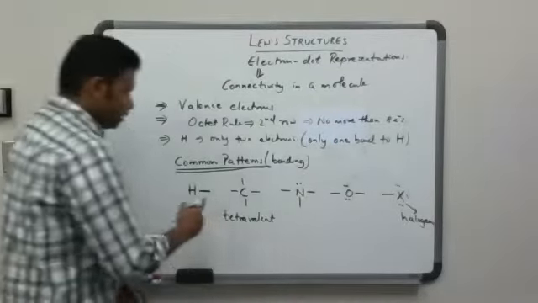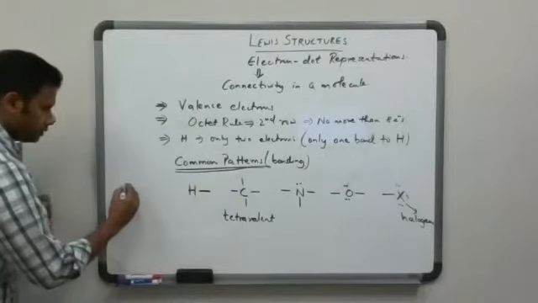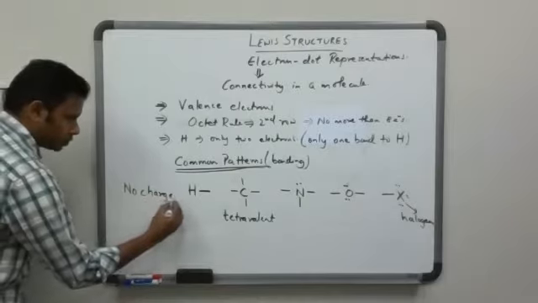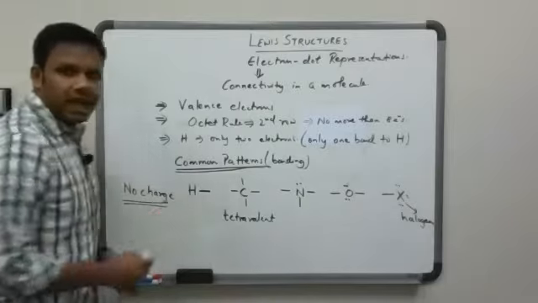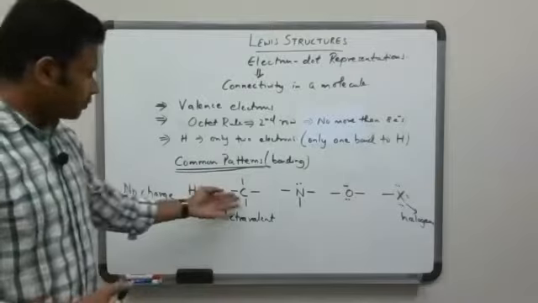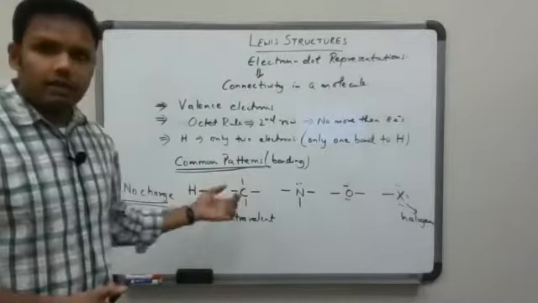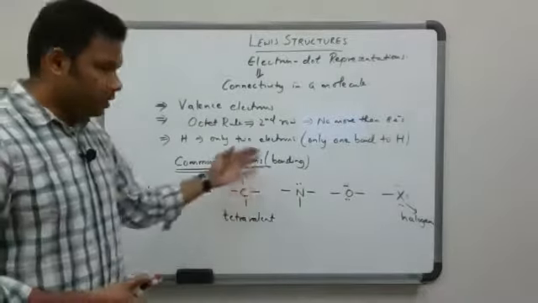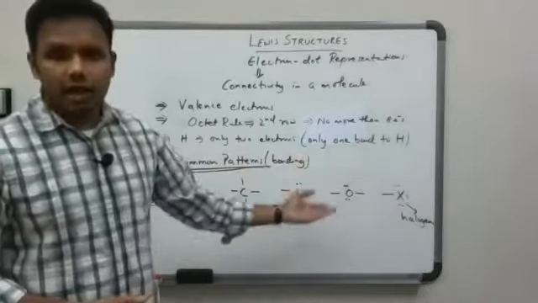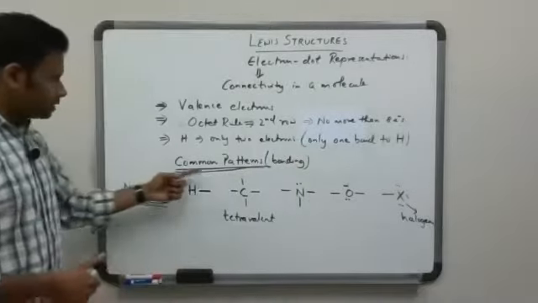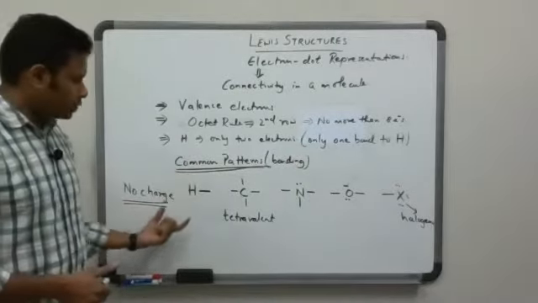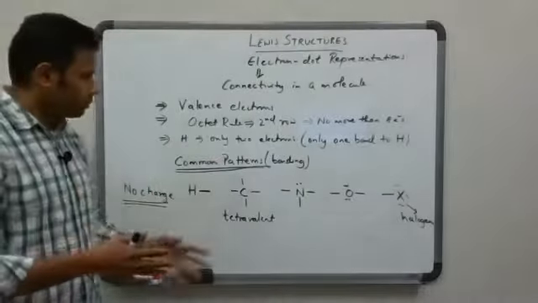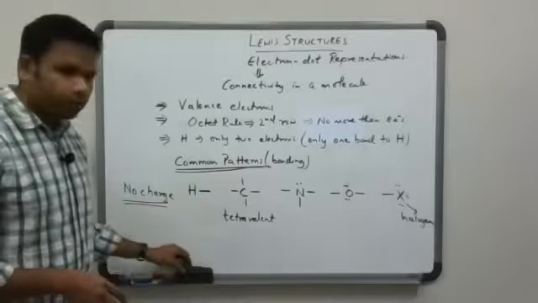Now, these common bonding patterns apply when there is no charge on the atom. If a carbon has a positive or a negative charge on it, this is not how its bonding pattern is going to be. The same applies to nitrogen, oxygen, or halogens. When there is no charge on these atoms inside a molecule or compound, then this bonding pattern will apply.